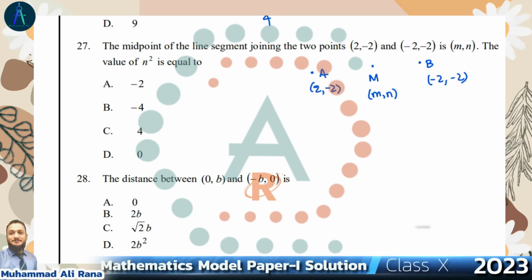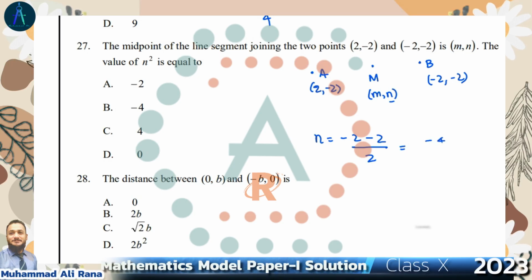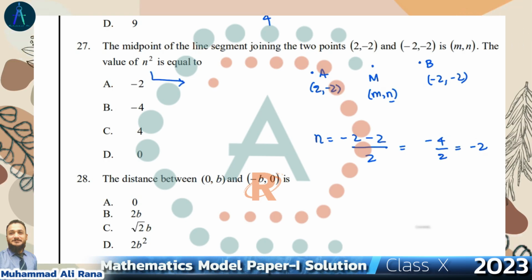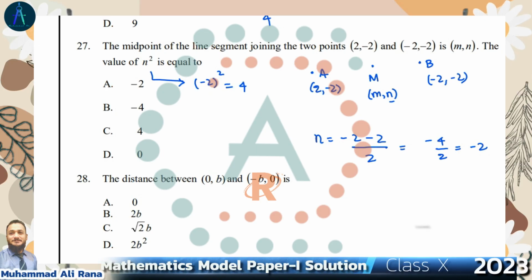To find the coordinates of n, it will be equal to -2 divided by 2. So minus 4 divided by 2 will become minus 2. So the value of n is minus 2. So the value of n square will be equal to 4. The correct answer will be option C.